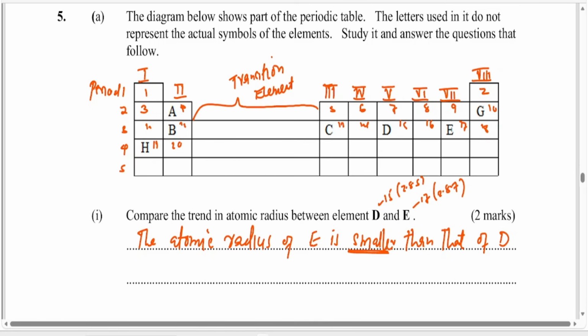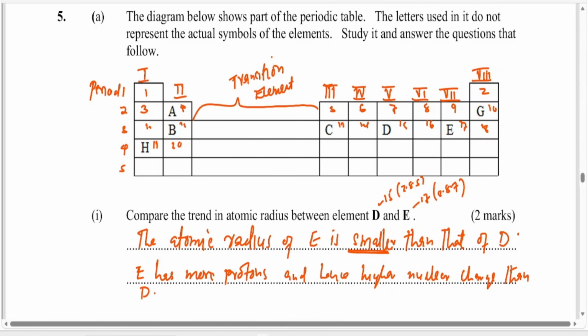Reason: E has more protons, and hence higher nuclear charge than D. Therefore, higher nuclear attraction.